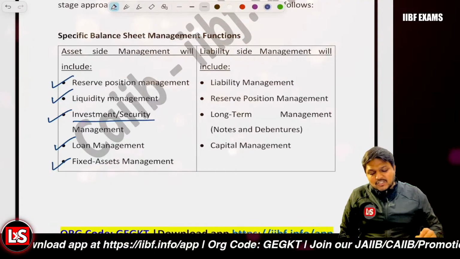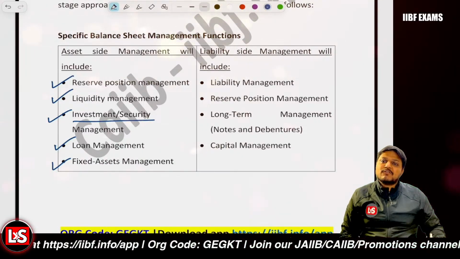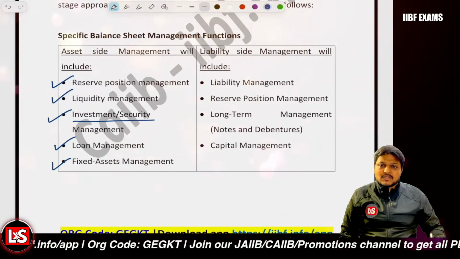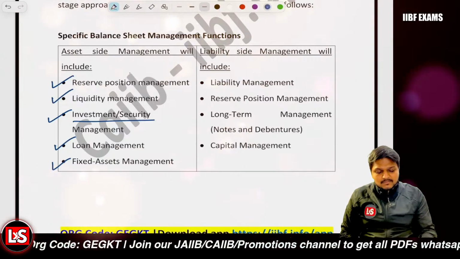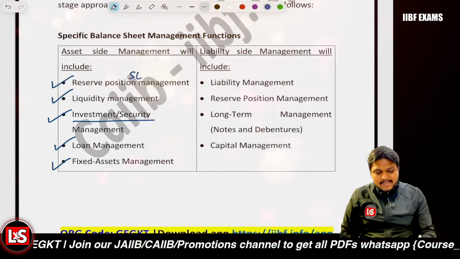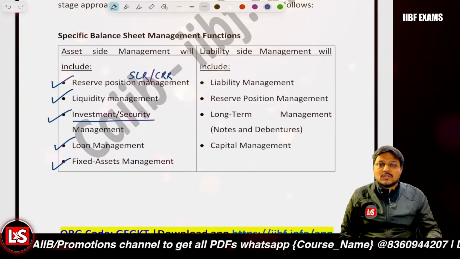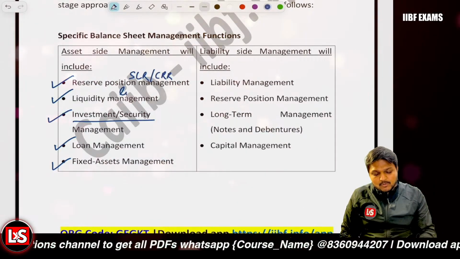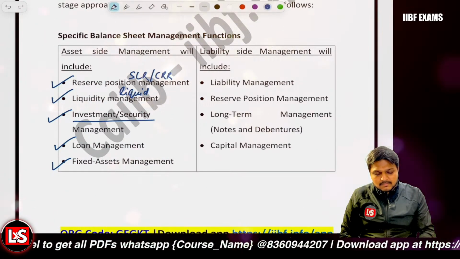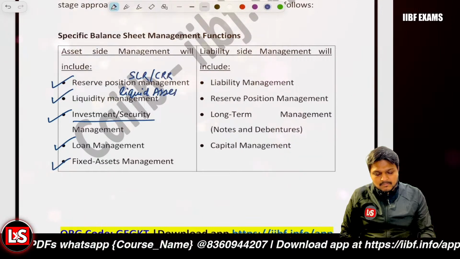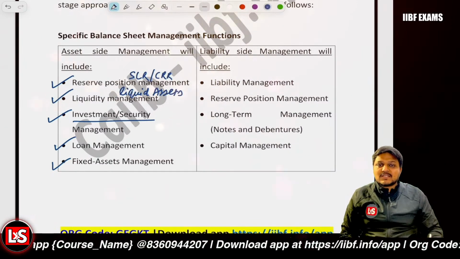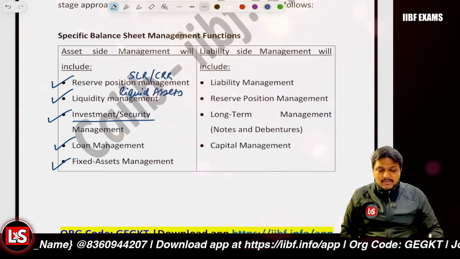So these are the balance sheet management functions. Reserve position is related to CRR, SLR. Liquidity management means we need to ensure that cash and liquid assets are available with us.